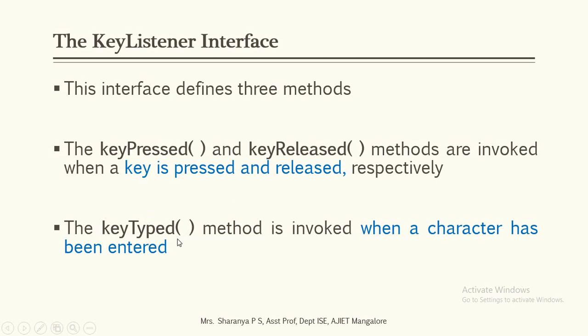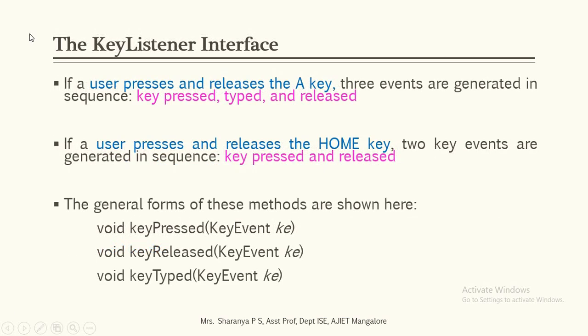In the same manner, keyTyped is a method which will be invoked when a character has been entered by the user. Suppose the user presses a key on the keyboard, which events will it internally generate? First, it will generate key pressed, along with that it will generate typed, and after that the user will release the key. So released is also responsible. So three different methods we need to handle in such a case.